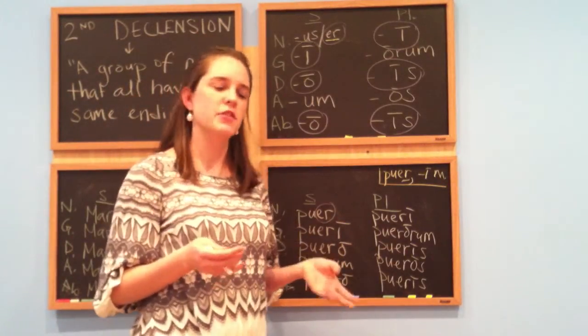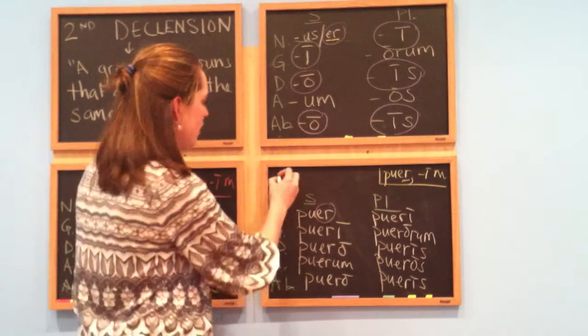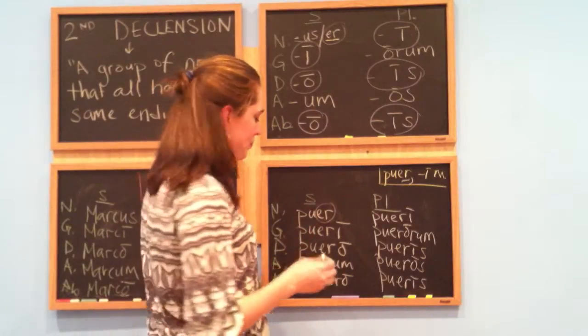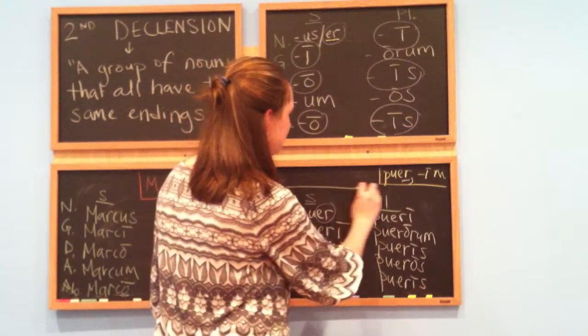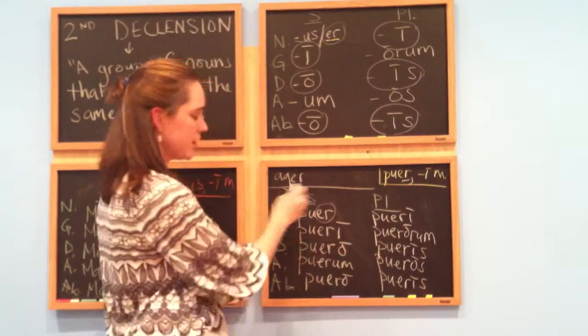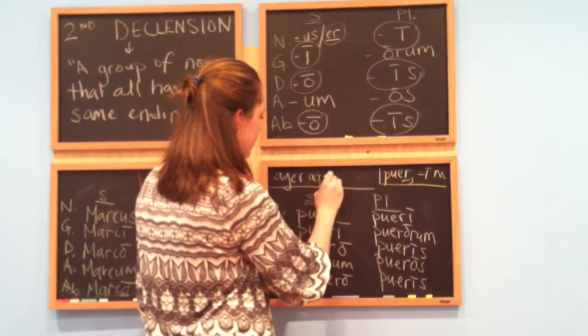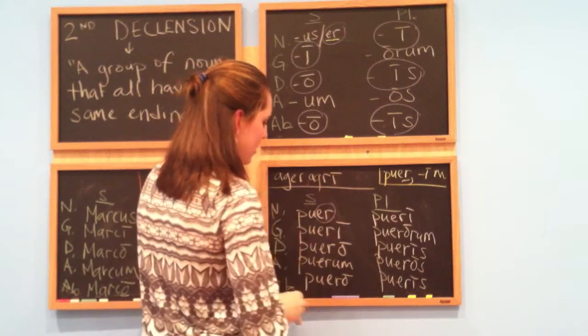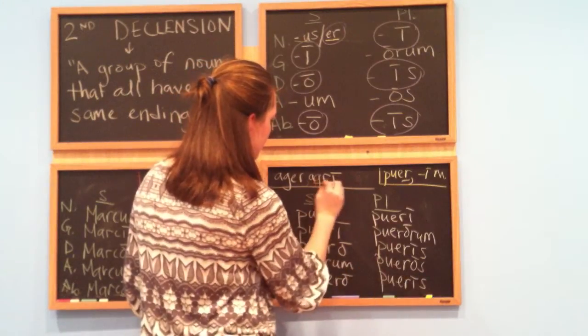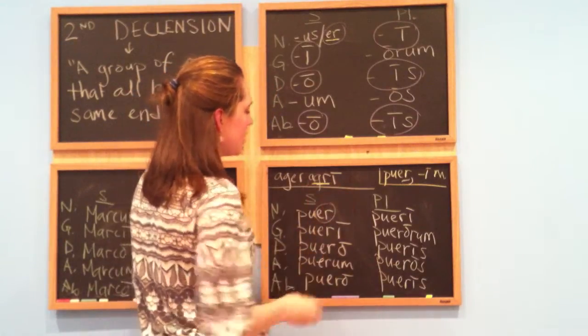So it seems impossible that you can have one stem in the nominative and one stem in the genitive. But if you look at the noun ager, which means field, that's the nominative form. Looks very similar to puer, but the genitive is agri. And look at that. There's no E there. It got rid of the E and it's just agri.